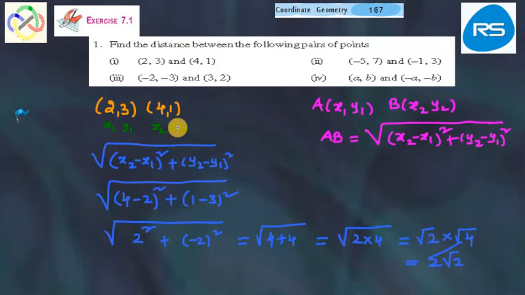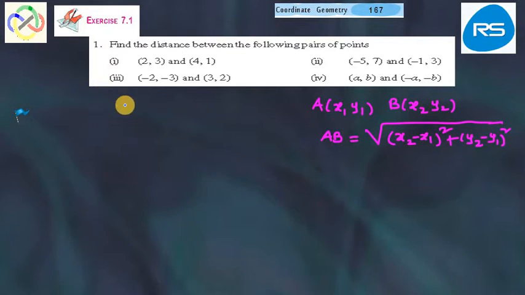So this is all about question number 1. I think it is clearly understood by each and everyone. We'll move to question number 2. What has he given? Minus 5 and 7, with one more point, minus 1 and 3.